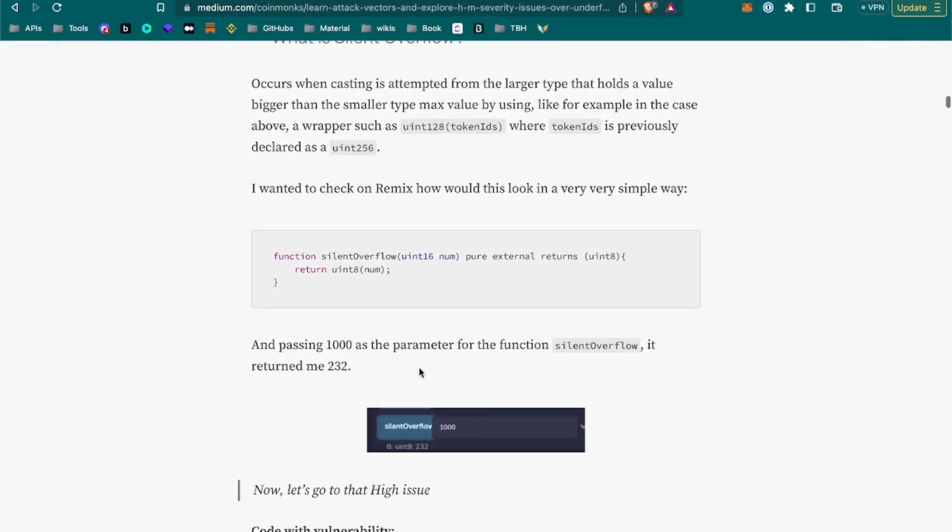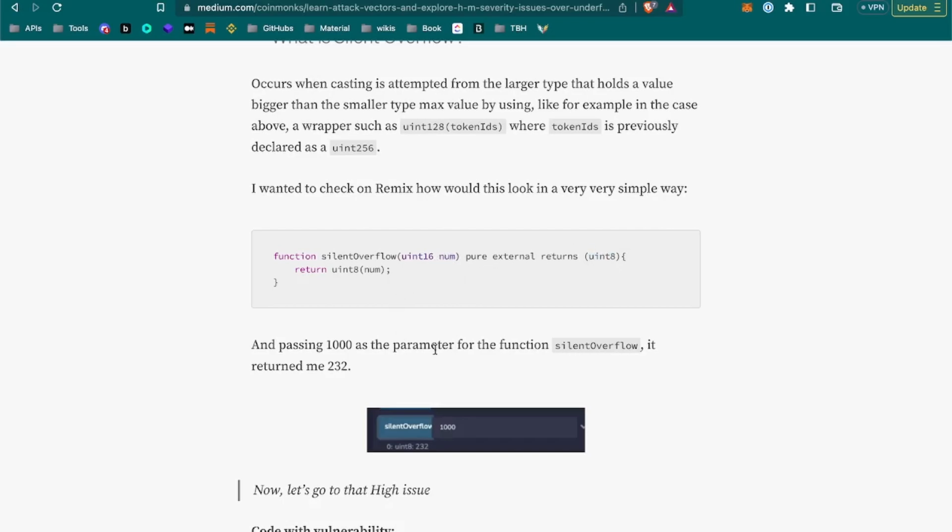What I did, again, always, I went to Remix. I wanted to make it as simple as possible and verify what happens. So I created this function. I passed a parameter of uint16 and I asked it to return a uint8. Of course, the number that I'm going to pass can be bigger.